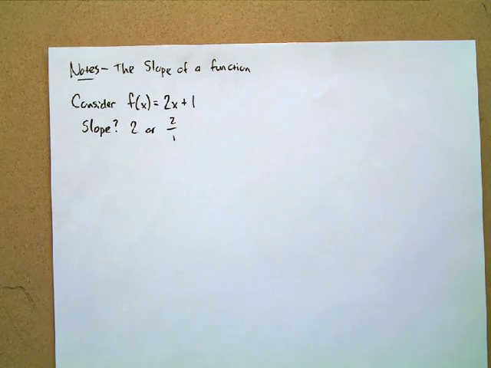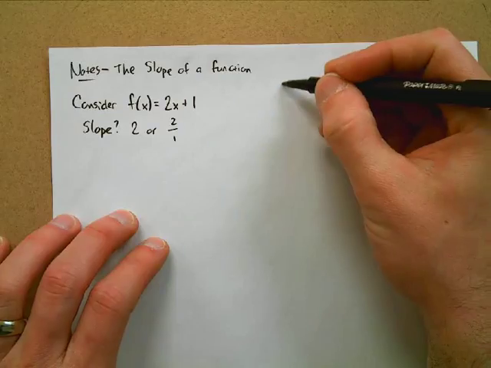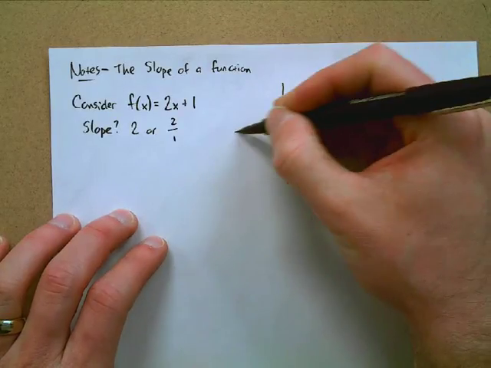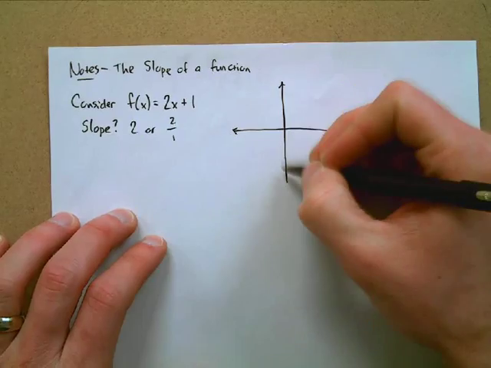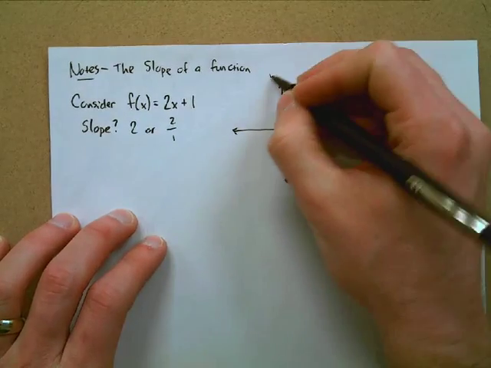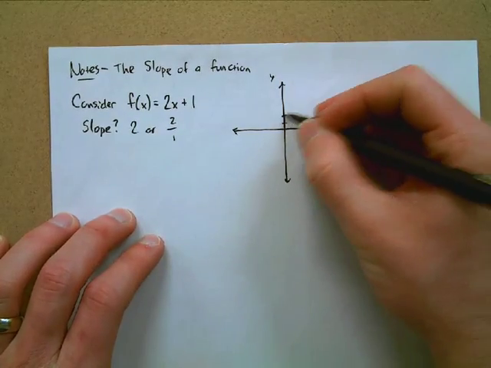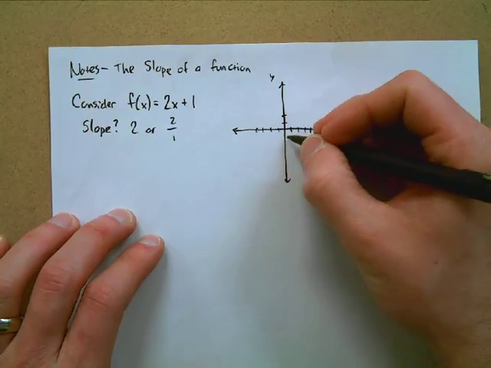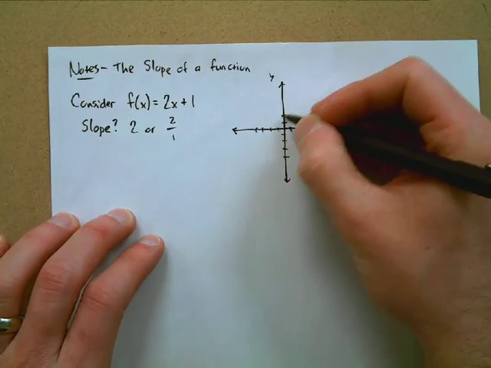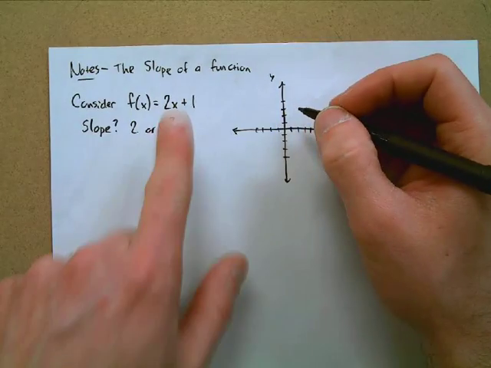If we want to, we can also graph this thing. So we know we have a y-intercept of 1.